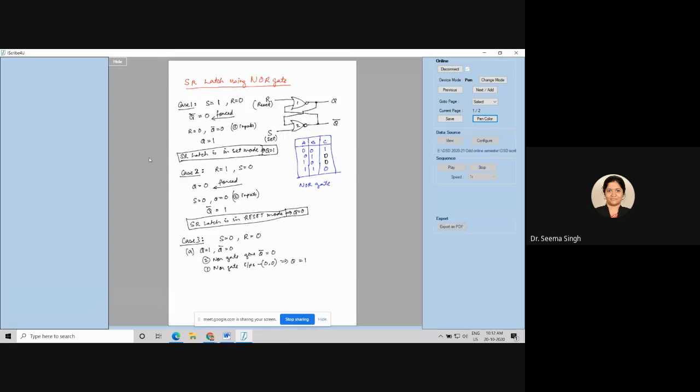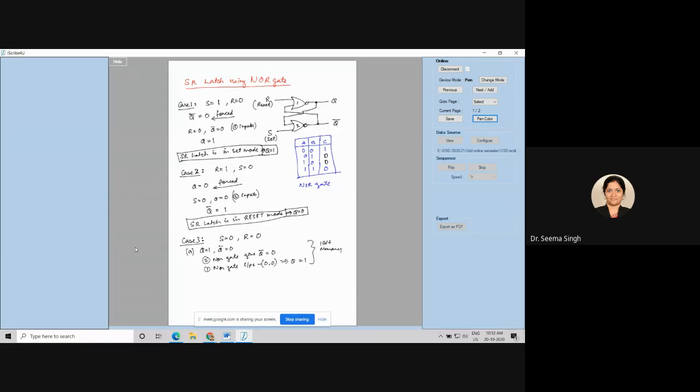So can you see? You started with Q equal to 1, Q bar equal to 0. You ended with Q bar equal to 0, Q equal to 1. That means nothing is changing, right? You did this one circle, feedback and all that. Nothing changed. That means 1 remained 1 and 0 remained 0. So this is called 1 bit memory.